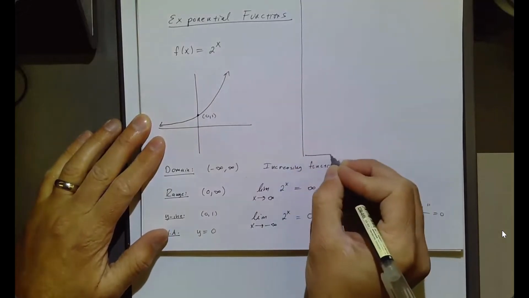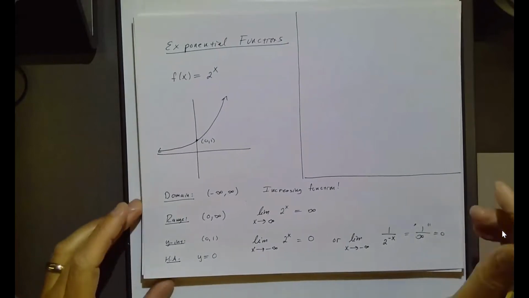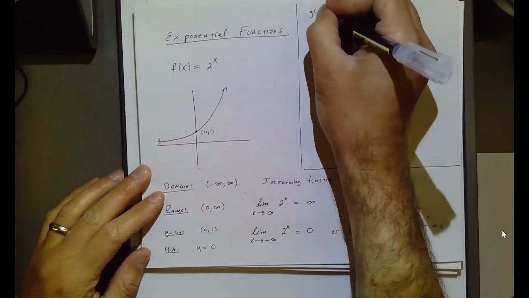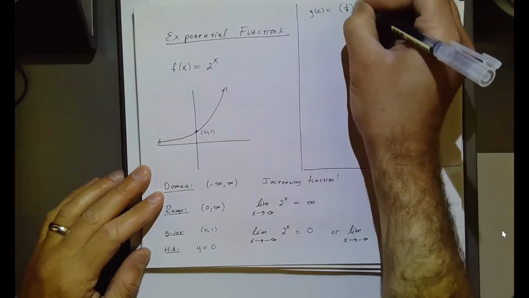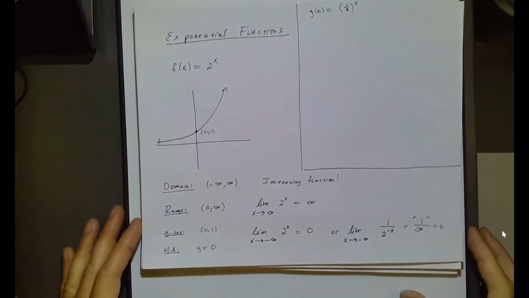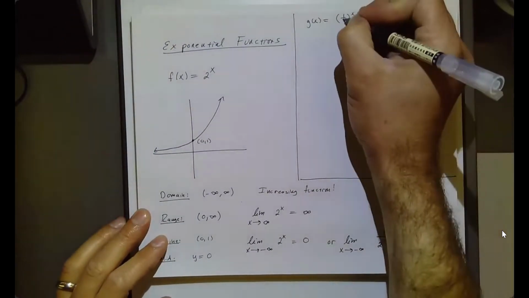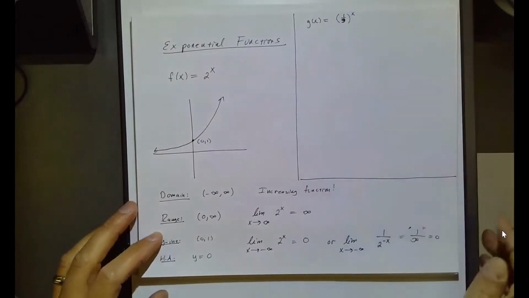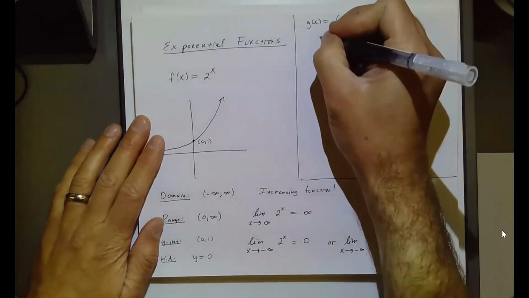As a contrast, we should look at a function that has a base that is smaller than 1. And believe it or not, that's a 1/3. Hopefully you can kind of see that. Here's what the graph of this looks like.